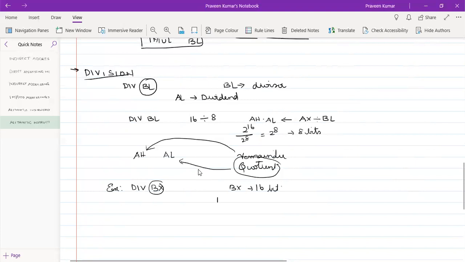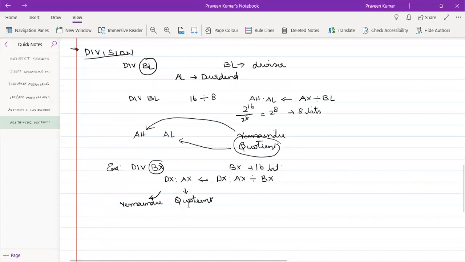The larger number will be stored in the DX and AX accumulators. It will be divided by the BX register, and the result will be stored in DX-AX, where AX gets the quotient and DX gets the remainder.